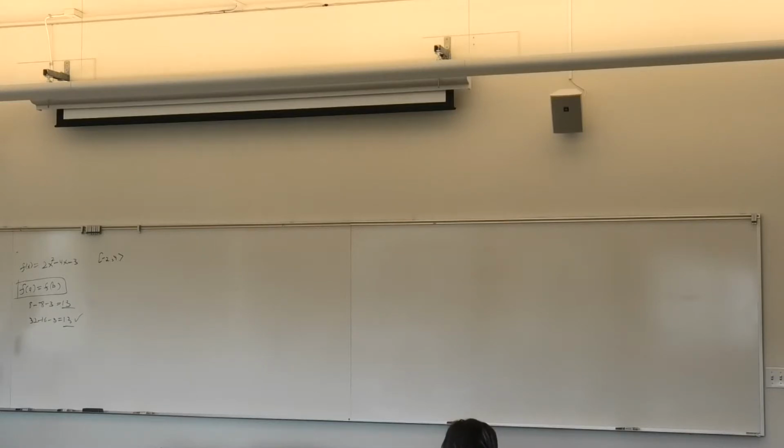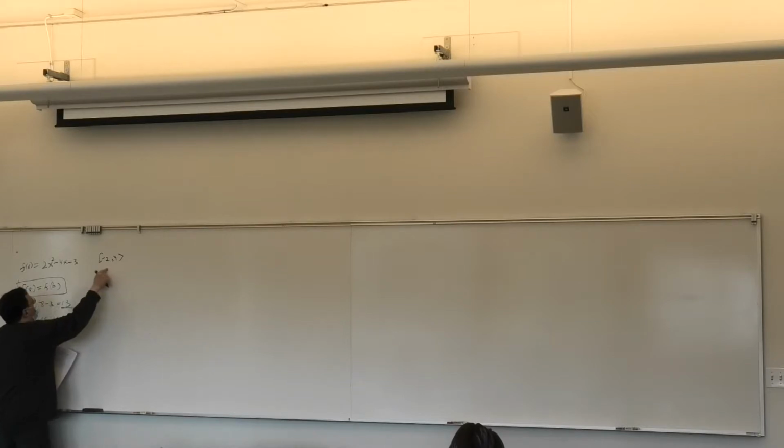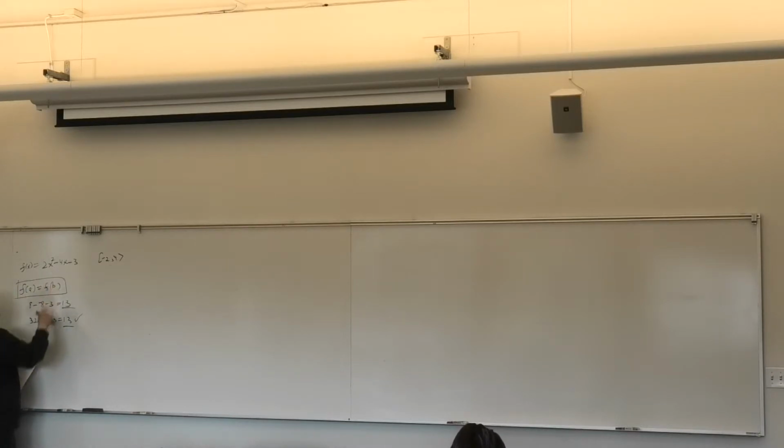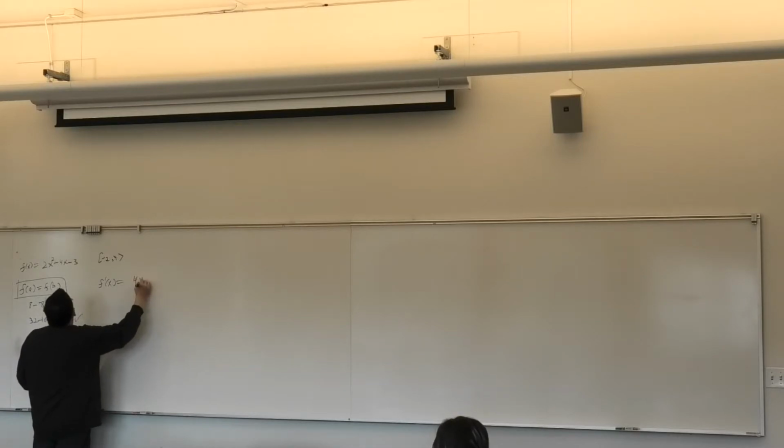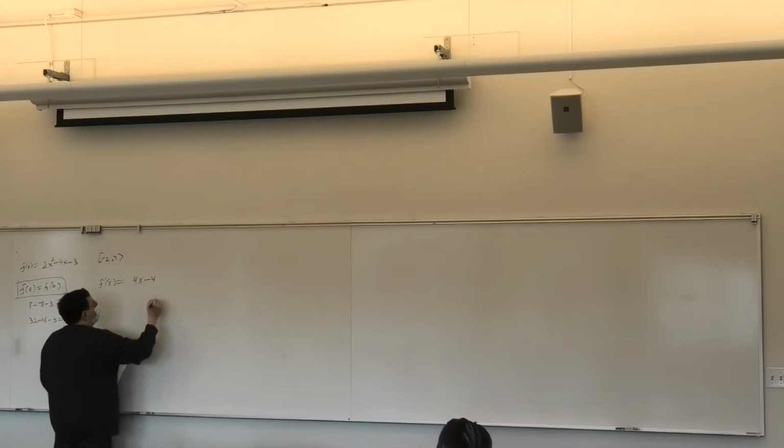All right, so it fulfills the requirement, so on what interval, let's see. What's the c in this interval such that the derivative is equal to 0? Well, the derivative is 4x minus 4.